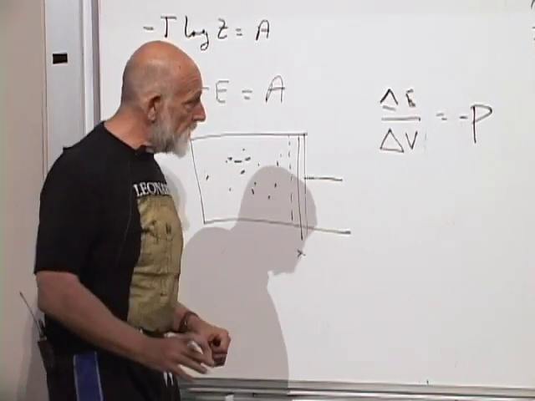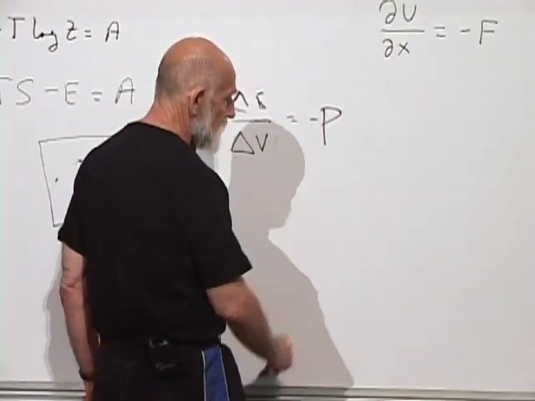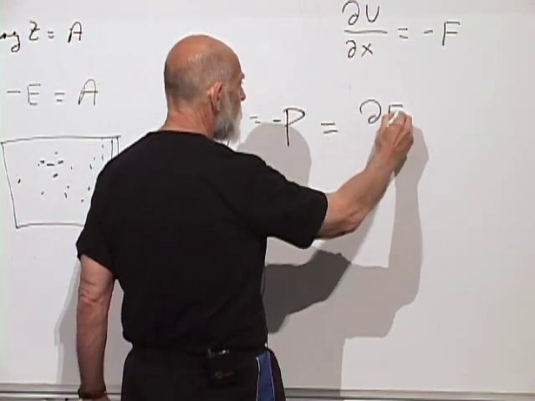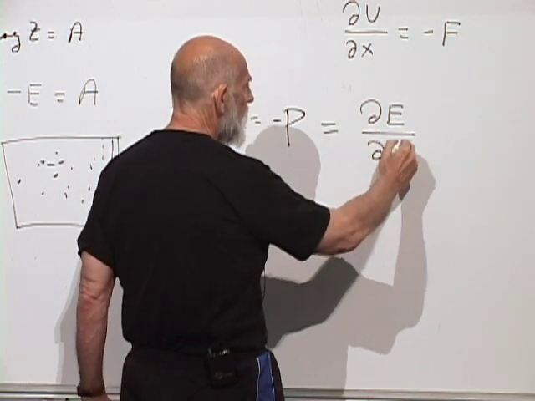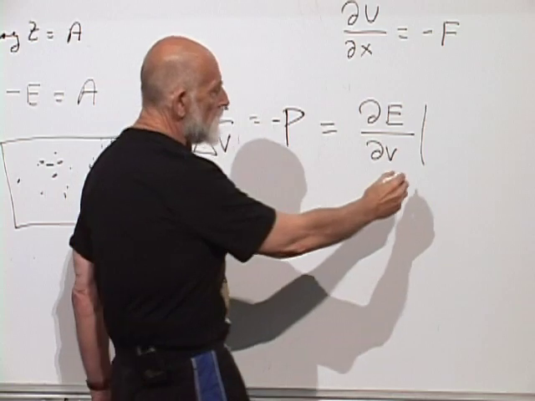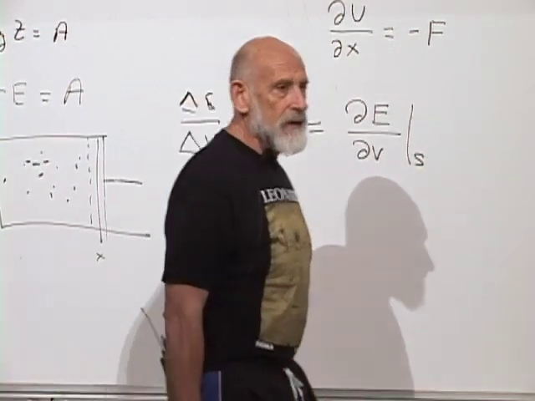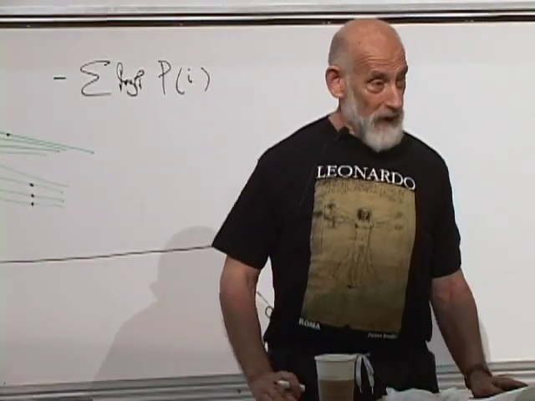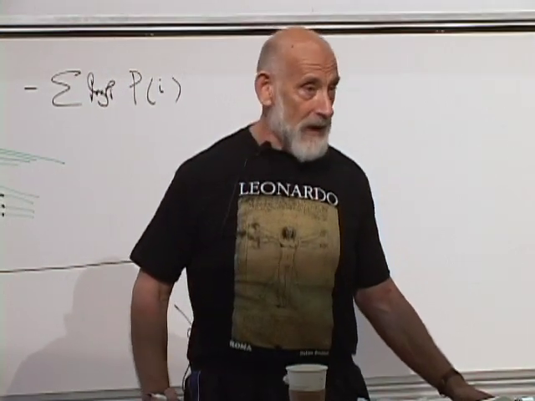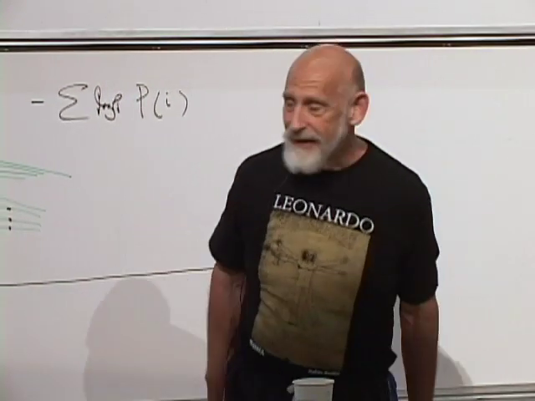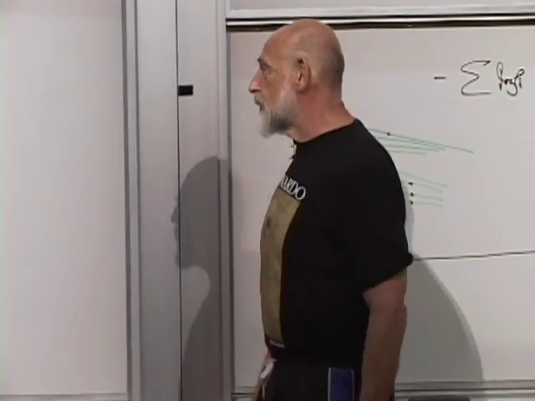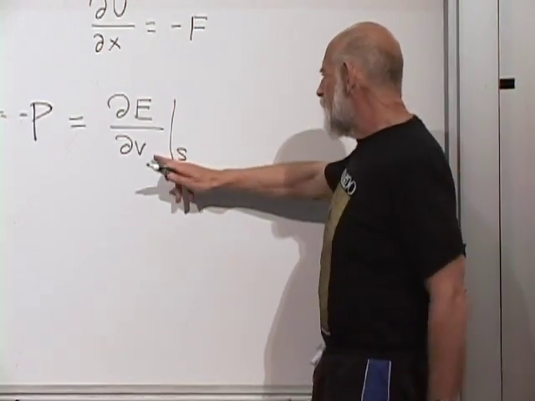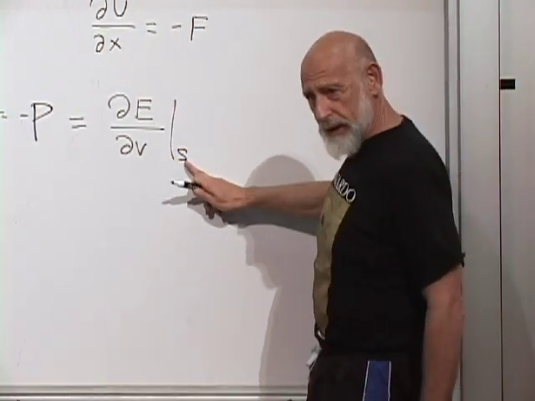At fixed entropy. So the definition of pressure, let's write it as a calculus equation: minus the pressure is the derivative of the energy with respect to the volume, keeping fixed the entropy. Not keeping fixed the temperature, certainly not keeping fixed the energy. The derivative of energy with respect to volume at fixed something defines the pressure.